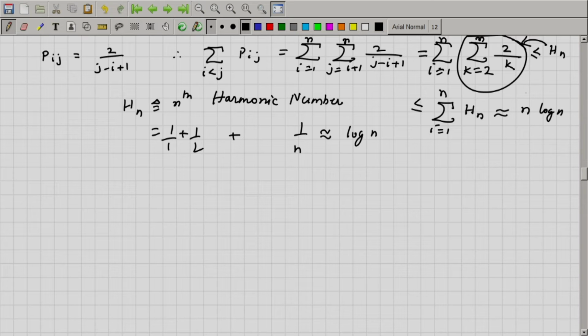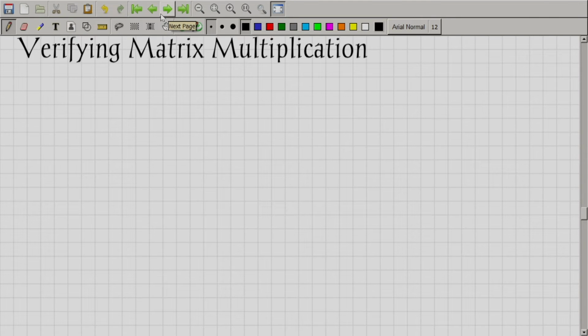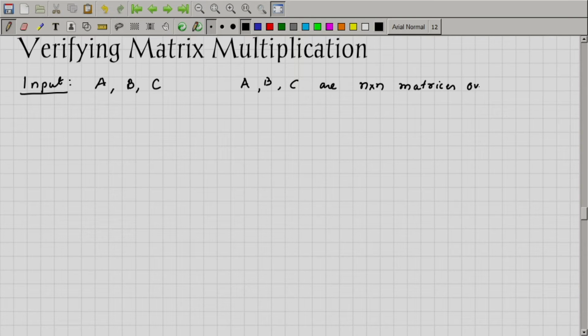We will now look at yet another problem where randomization helps us, which is the problem of verifying matrix multiplication. So, let us state the problem. The input is 3 matrices A, B, C. We can assume that A, B, C are n cross n matrices over some suitable field F. The elements come from a field F. You can think of them as real numbers.